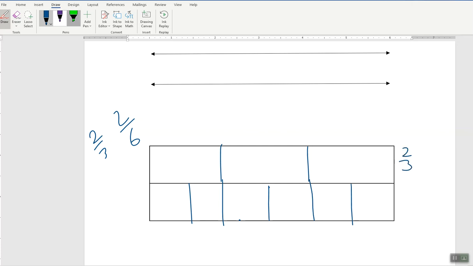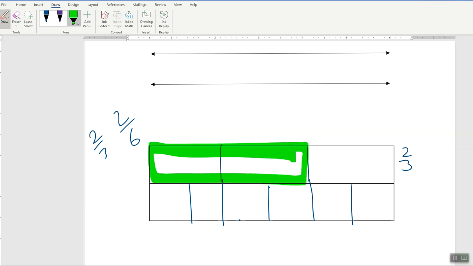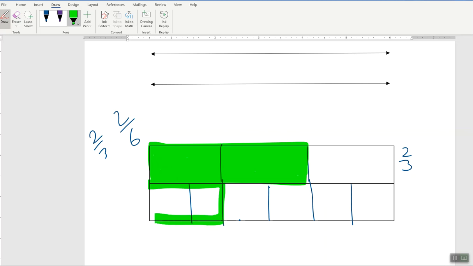We got to shade it in, right? So 2 out of 3 boxes. And then we need 2 out of 6 boxes. Which one is bigger? So 2/3 is the bigger fraction.